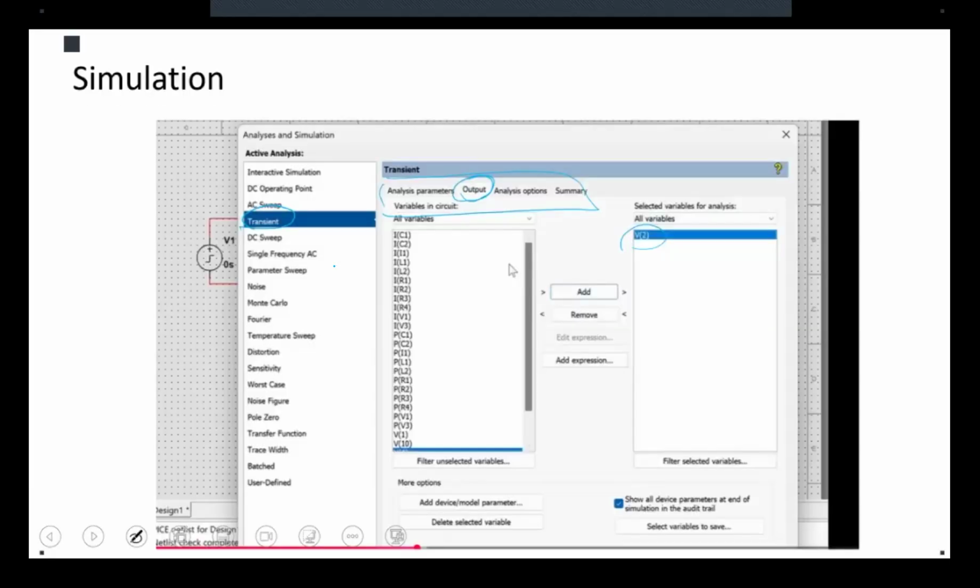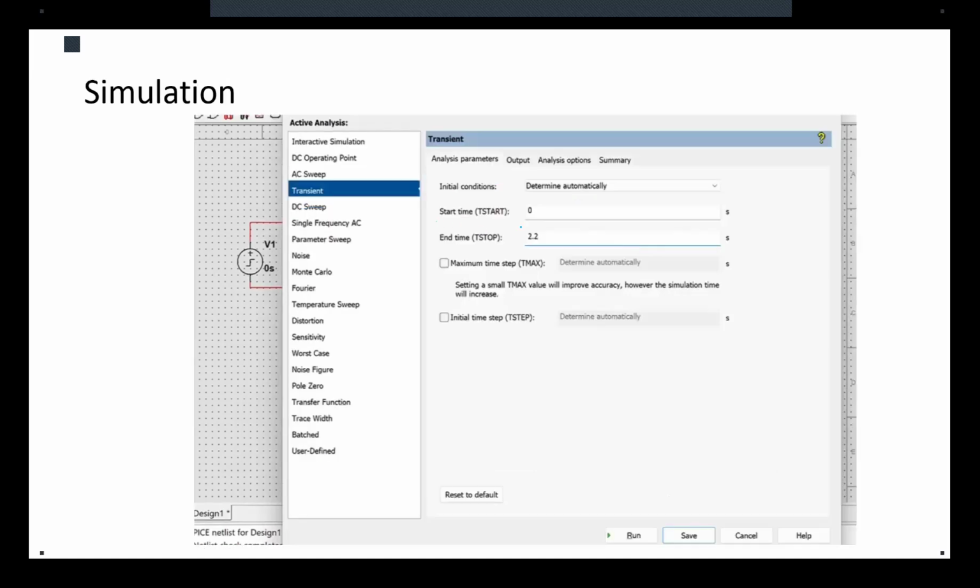So when I wanted to see the voltage across the capacitor, I choose V2. Are we good? When you choose that, in the analysis parameters you set the start time and end time for your simulation and hit run.